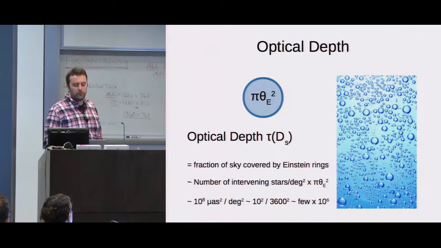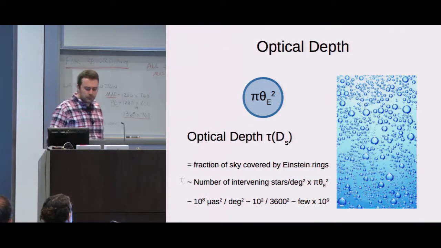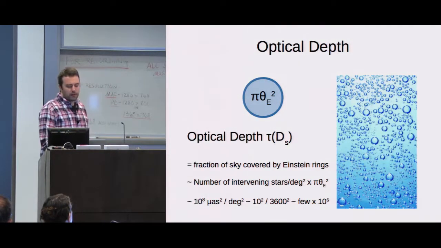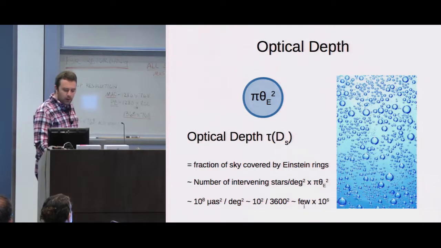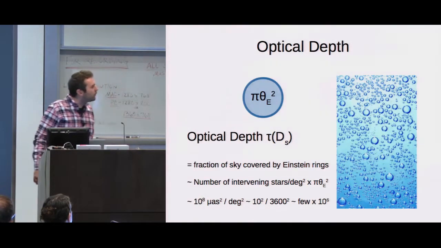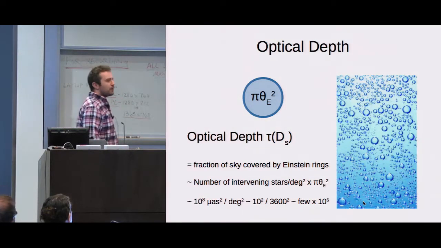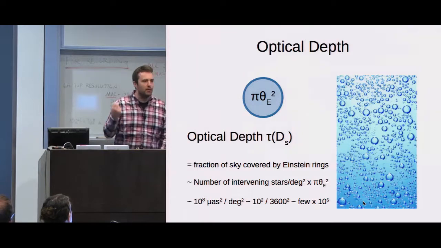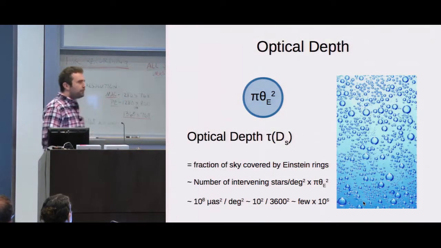Then you compare that with the number of stars that you have, even in the densest part of the galaxy going towards the bulge. You get some large numbers multiplying some very, very small numbers, especially when you think about it in terms of square degrees. And then you get a result which is not what I've put here; there should be a minus sign on this 10 to the 6. So the probability that any star is being lensed at a given moment is about 1 in a million.